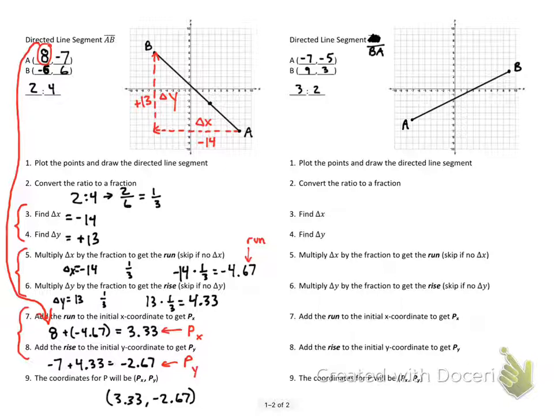And then, can anyone tell me what my fraction will be? 3/5. So 3 to 2 becomes 3/5.